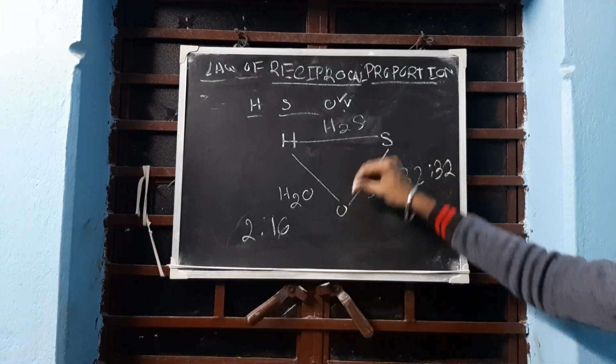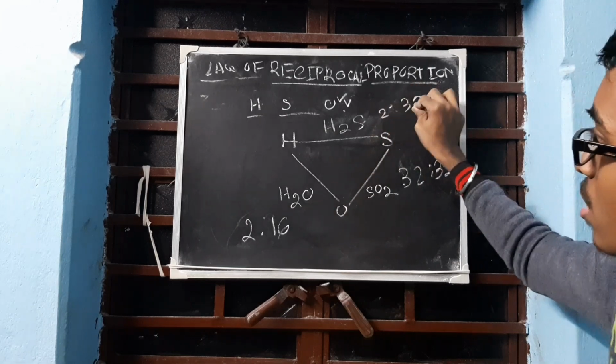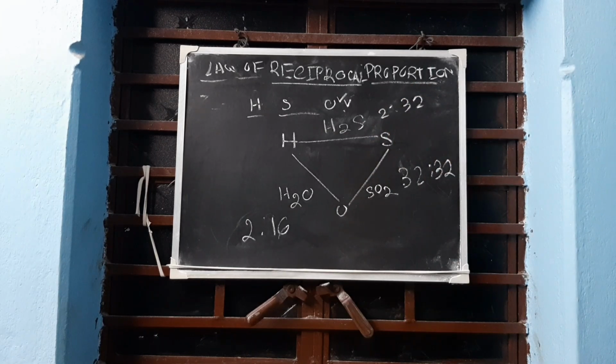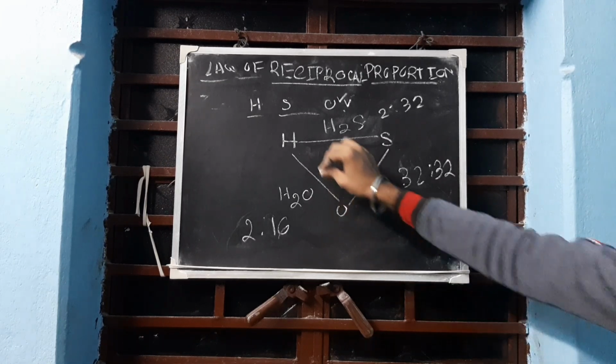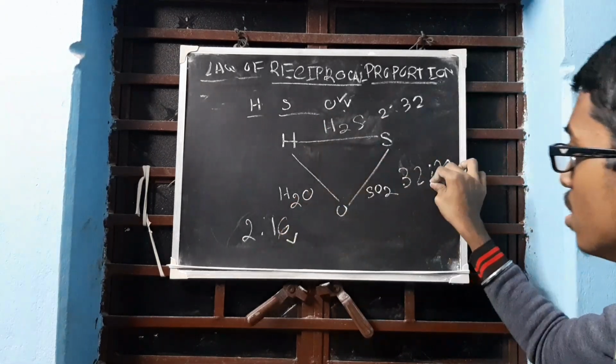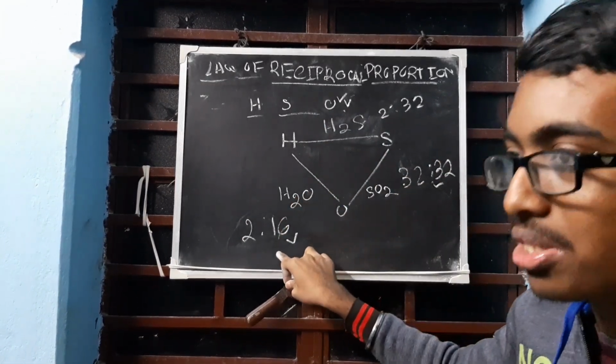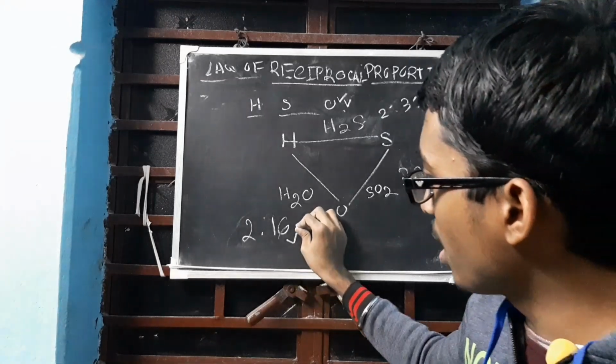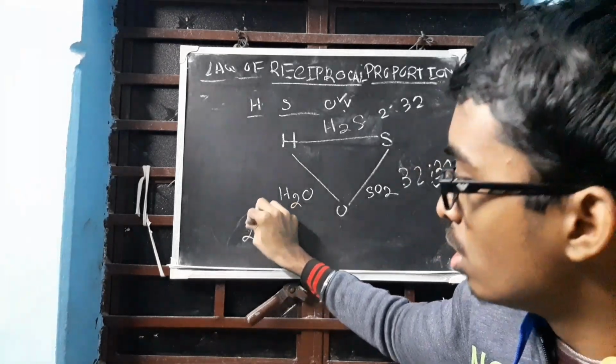Very good. This is how much? 2 is to 32. Now what does the law say? When two elements individually combine with the fixed mass of the third element. Can you see the fixed mass? Are these two elements combining with the fixed mass? No. This is 16, 32. So I have to make it 16 over here. So if I want to make it 32, then I will multiply it by 2. So this will become 4.